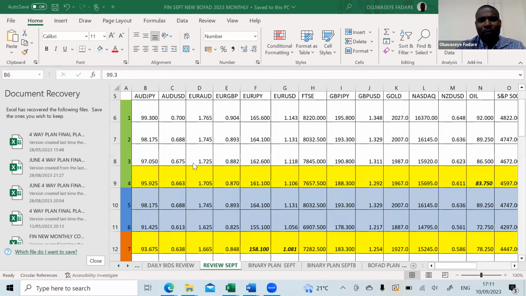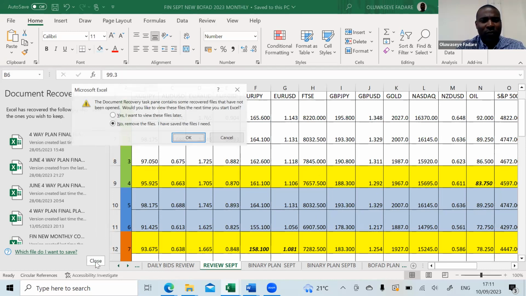Okay, so remember in my first video, let me share my screen with you. Remember my first video, I explained to you the concept of these prices and what it means. Like I said at that time, this information is already prepared ahead of the month.